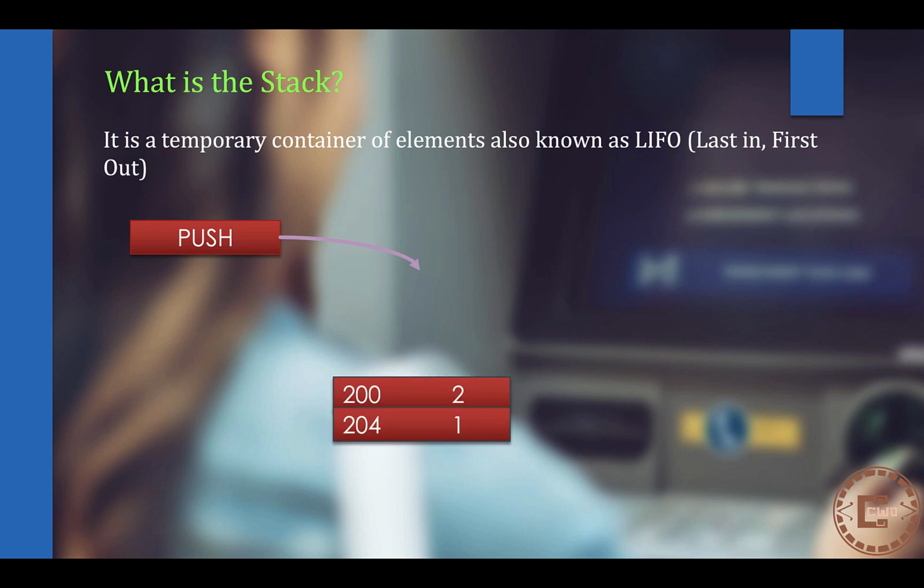Then I'm gonna push a number 2, and let's see, in the left side, imagine that this is the address in memory. Okay, this is very important, and the right side is the value. Okay, see this, 204 is the memory address.